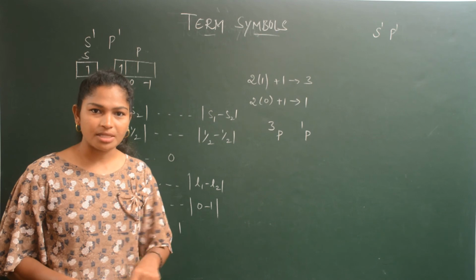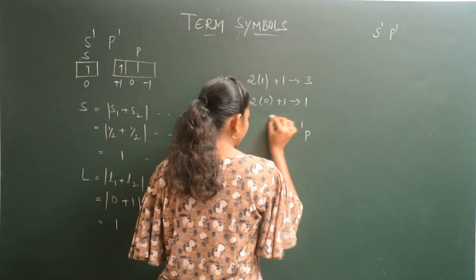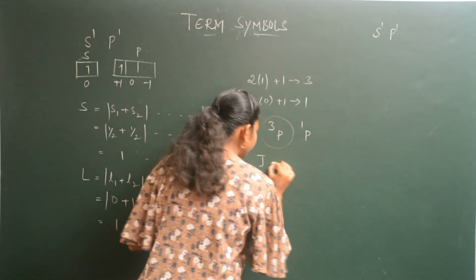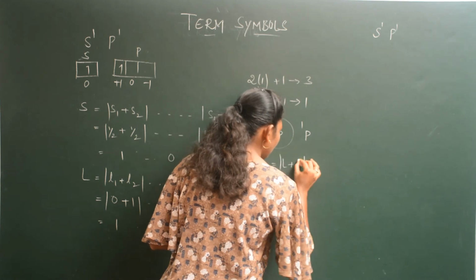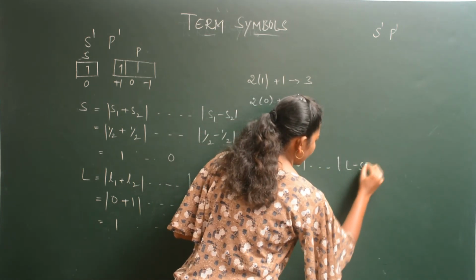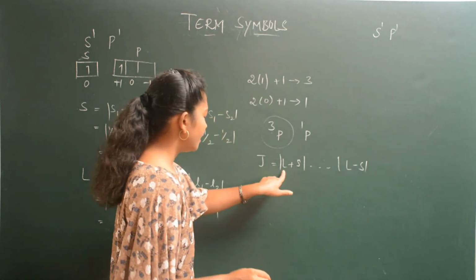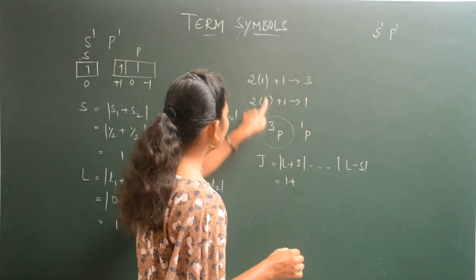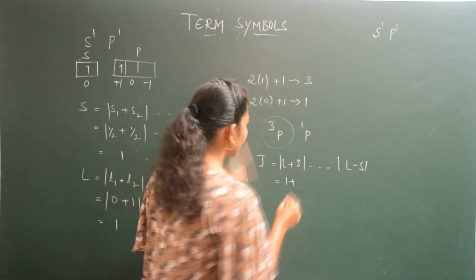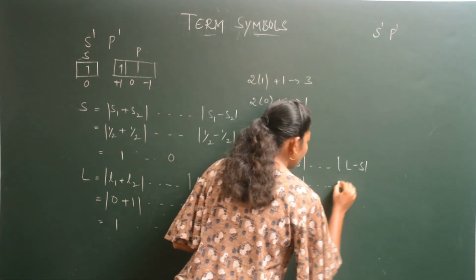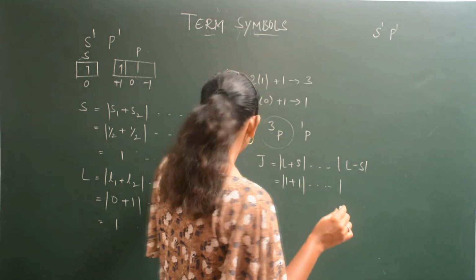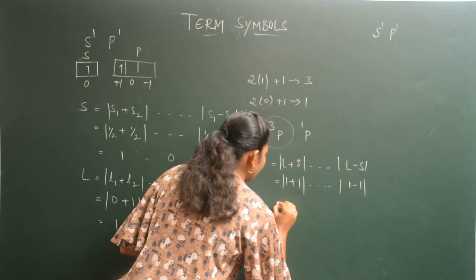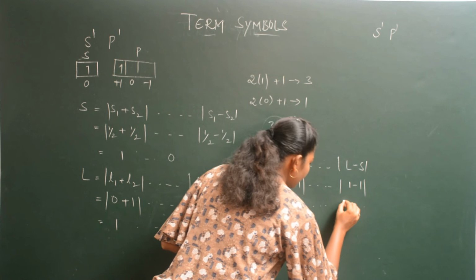Now you have the atomic terms, and you have to find the term symbols. First we will find the term symbols for 3P. J is equal to L plus S to L minus S. Here L is 1 and S is equal to 1 for the triplet, so 1 plus 1 is 2, and 1 minus 1 is 0.